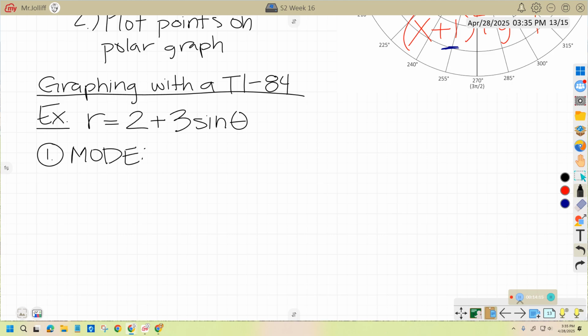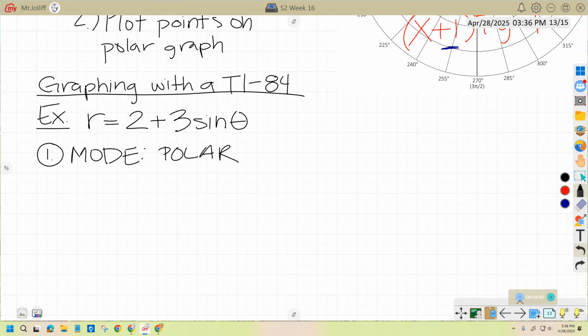So you want to set your mode to polar. So you go down to the function parametric polar sequence, you highlight polar, you press enter. What that does is it now tells your calculator that instead of y equals some stuff with x, you're doing r equals some stuff with theta.